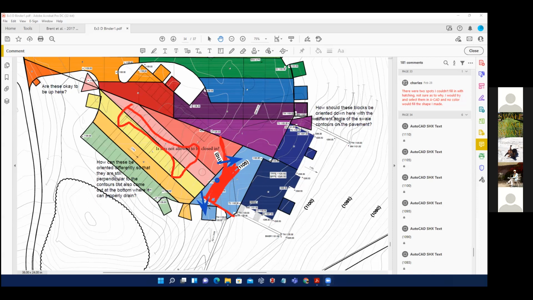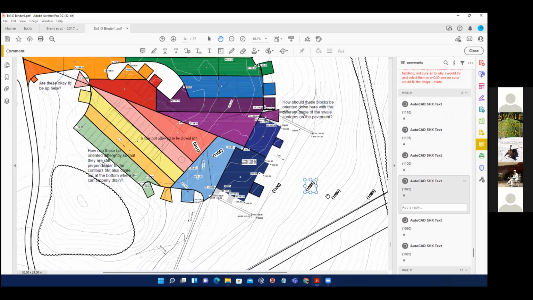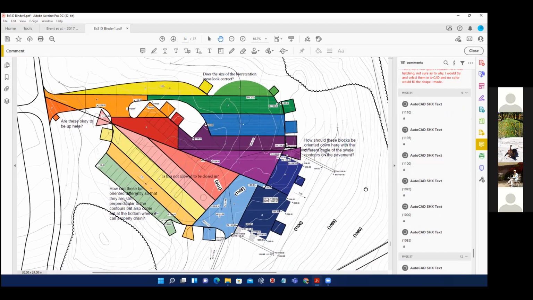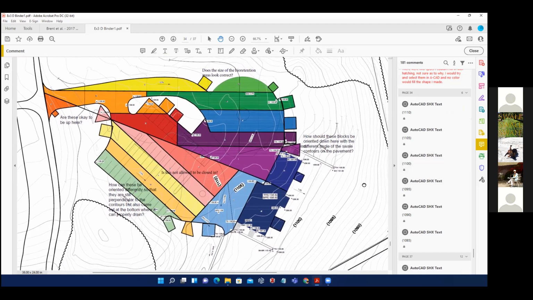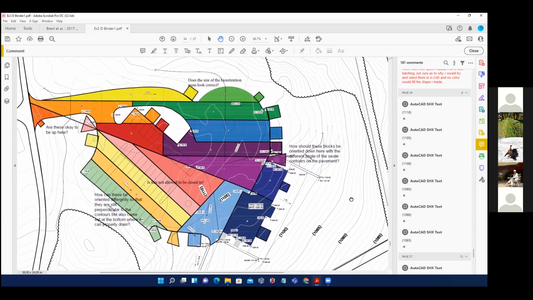Okay, yeah, thank you. That makes sense. If I zoom out again, if there were other problems that would suggest that rotating everything would be a better design, then I would probably go that route. But I don't see that happening.